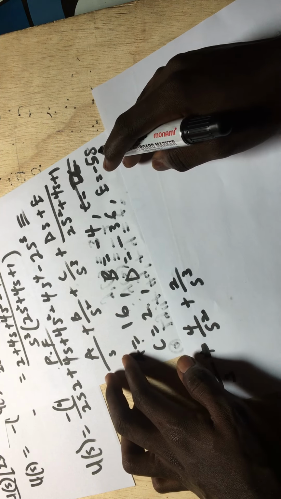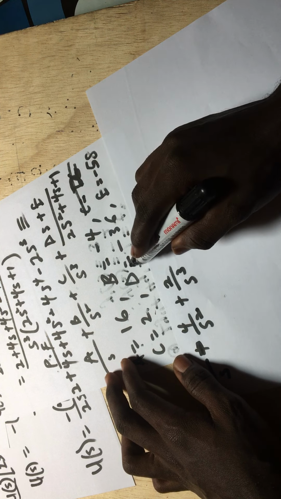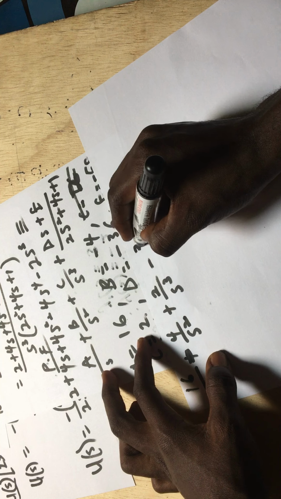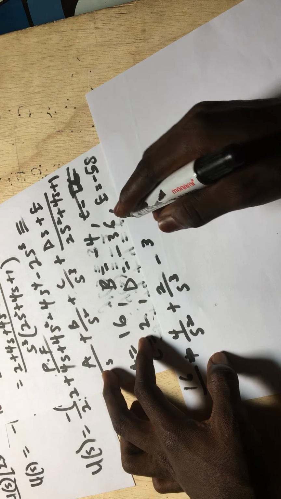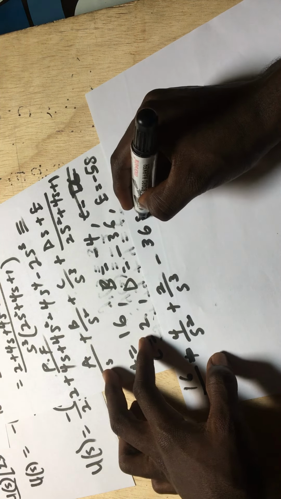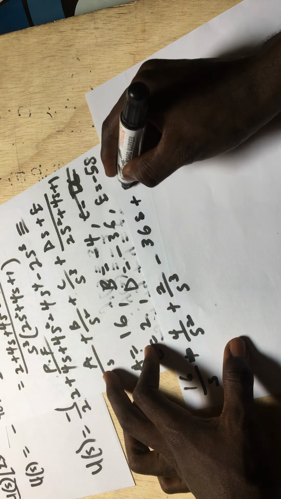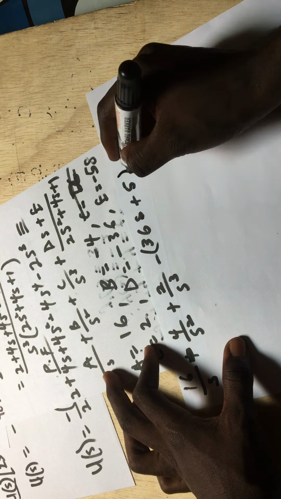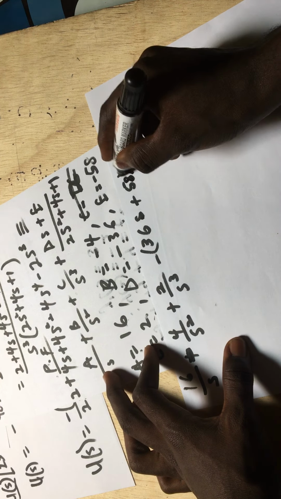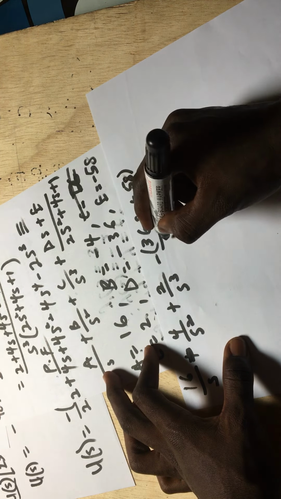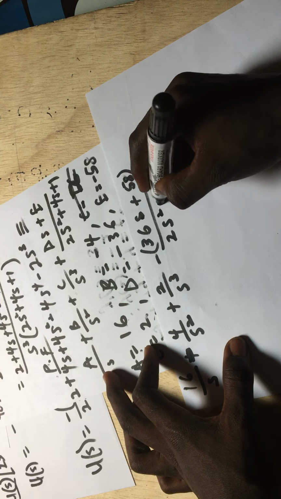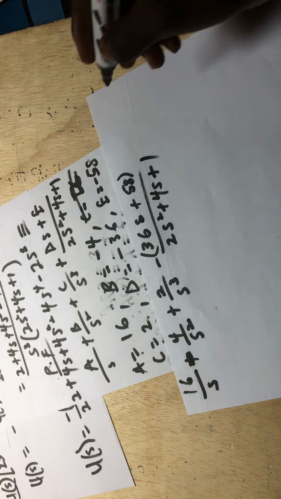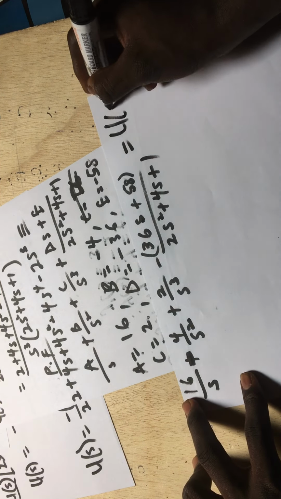Now our D and E are negative. So negative 36 for D, s plus negative 58, and this should be in a bracket, right? All over 2s squared plus 4s plus 1. I guess so. This will be our U of s.